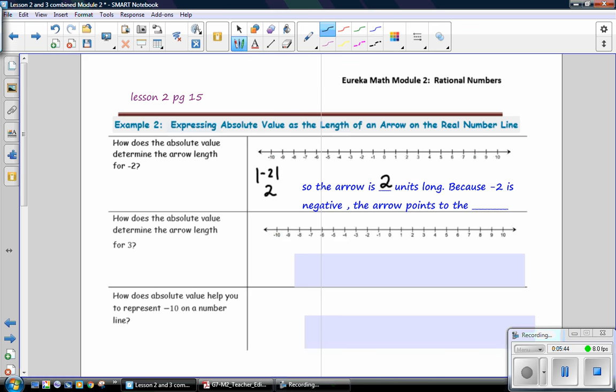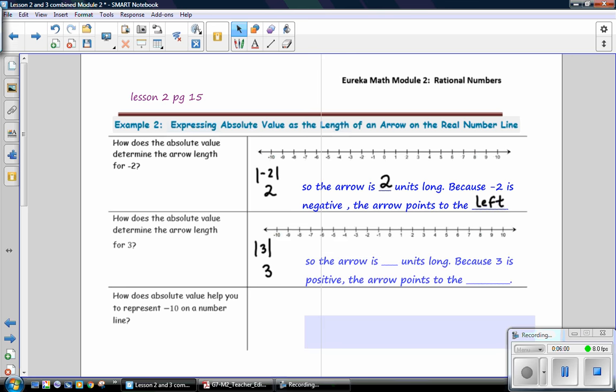Because -2 is negative, the arrow points to the left. How does the absolute value determine the arrow length for 3? The absolute value of 3 is 3. So the arrow is 3 units long. Because 3 is positive, the arrow points to the right.